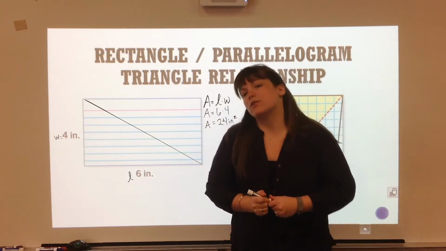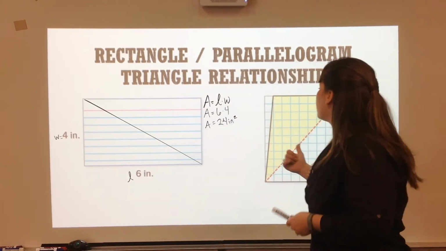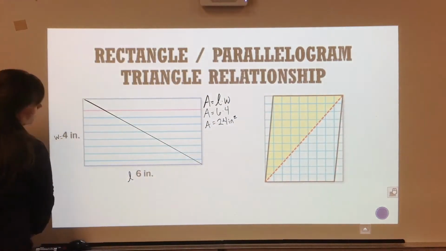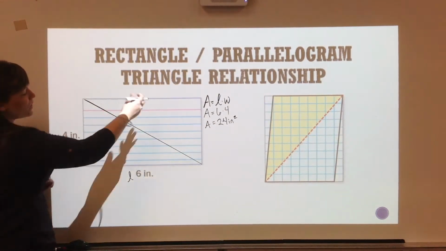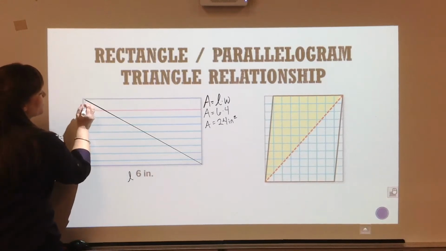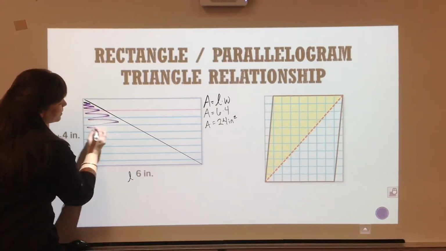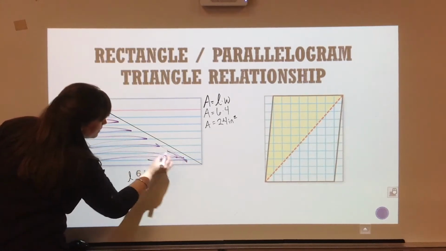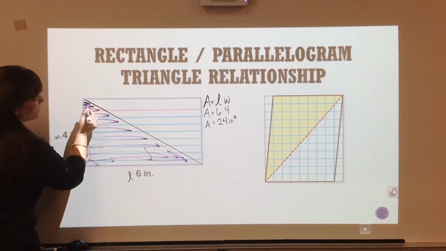But today we're not interested in rectangles and we're not interested in parallelograms. We're interested in the triangles. So I want you to shade any one of these triangles. I'm going to go with the bottom one. Because if we were just being asked, hey, what's the area of this triangle here?